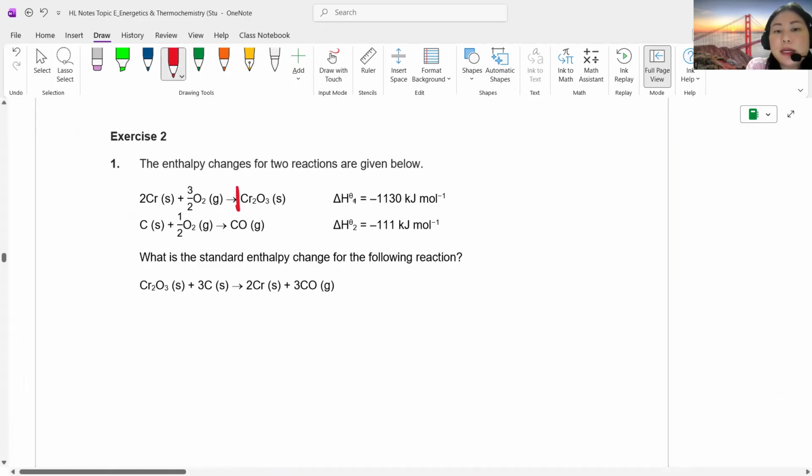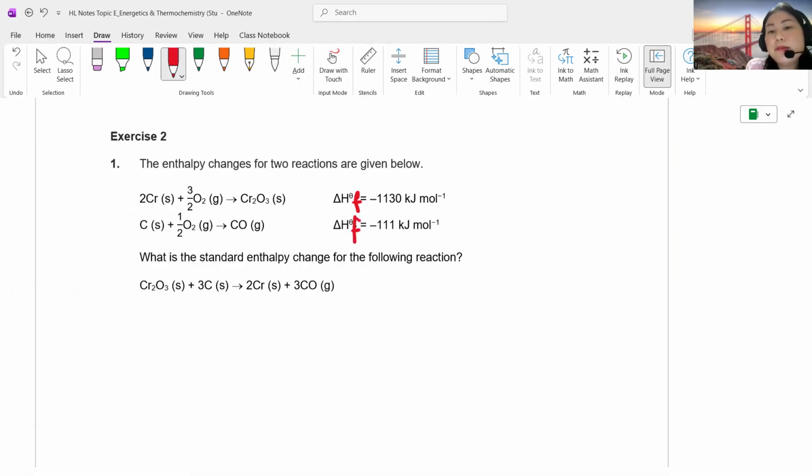Therefore delta H1 is actually formation data. Let's look at the second one. I am forming one mole of CO from the element carbon and the element oxygen. So this delta H2 is actually formation.